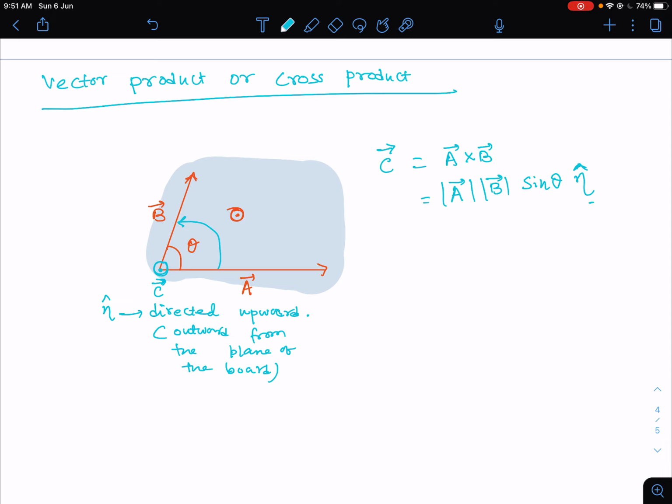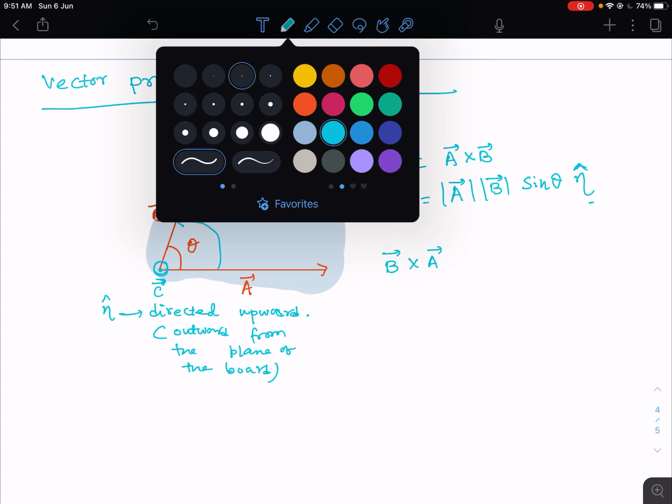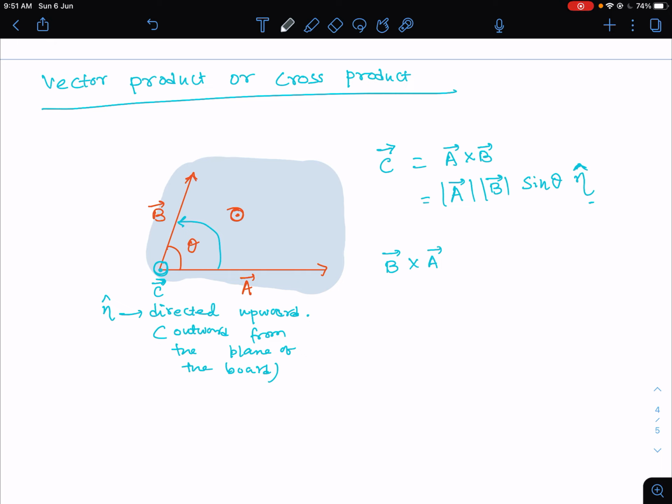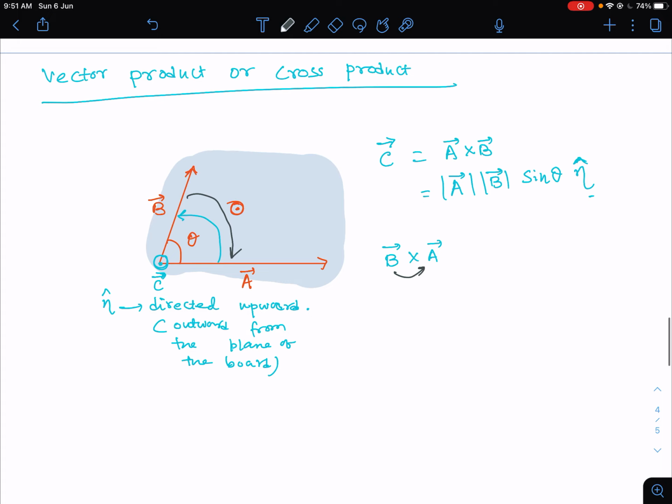Now let us discuss the cross product in reverse, that is B cross A. If you take a right hand screw and swing it from B to A, you will see the screw will move inward to the plane of the board.